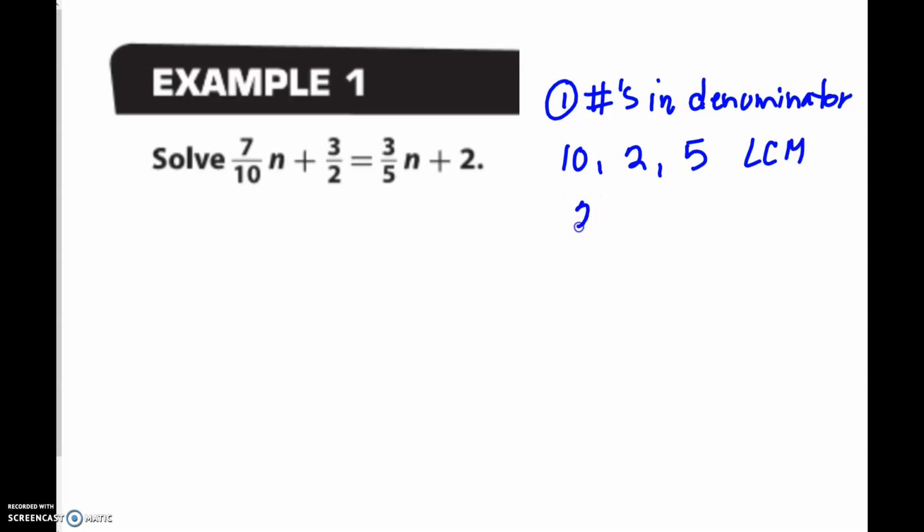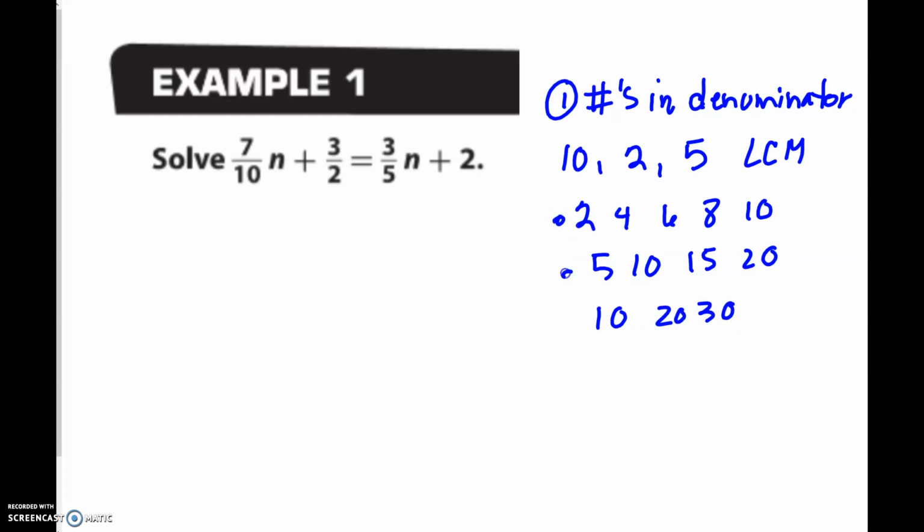If we count by 2: 2, 4, 6, 8, 10, or by 5: 5, 10, 15, 20, or by 10: 10, 20, 30. Then you find the smallest one that is common to all of them. In this case, it happens to be 10.